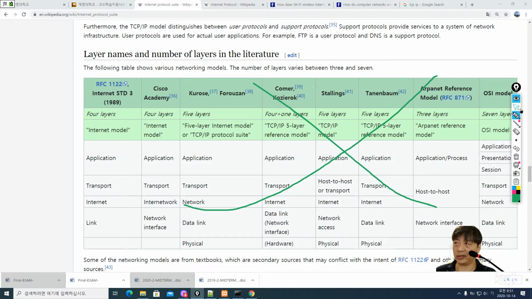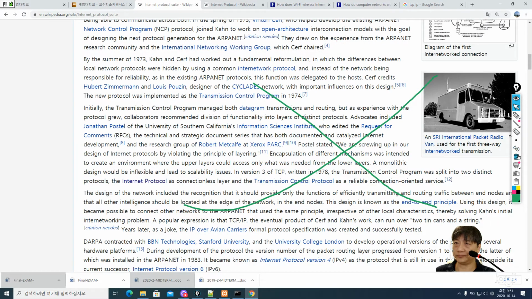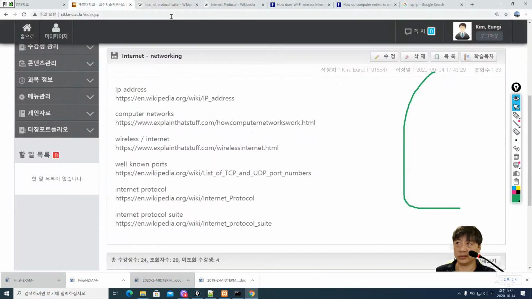Just the main thing in here, I would say, is pay attention to these different types of protocols and the functions of each layer. Okay, that's probably the main thing in that section.